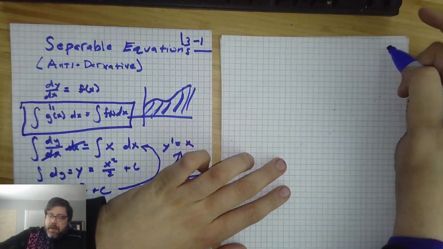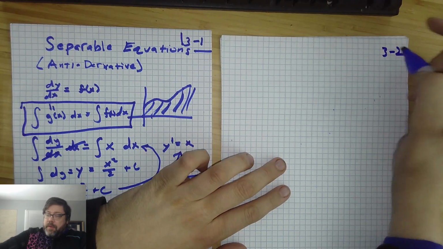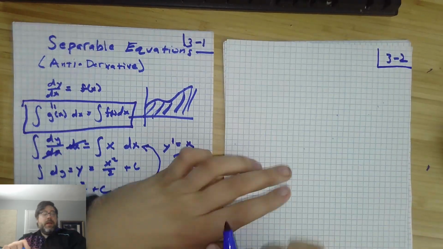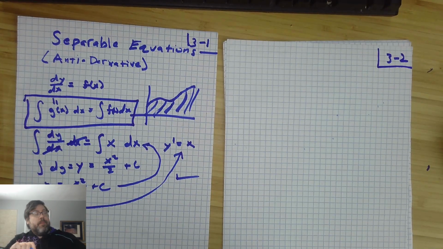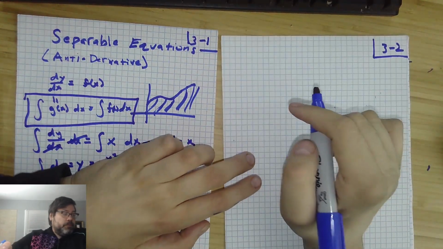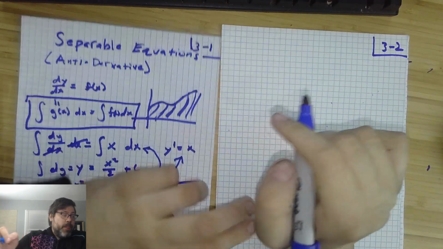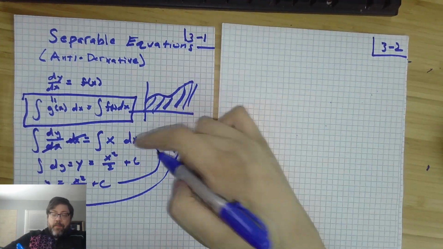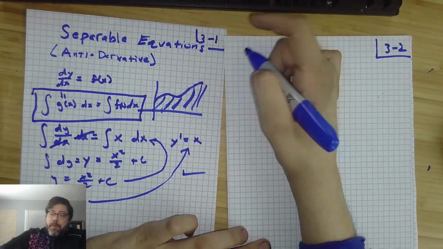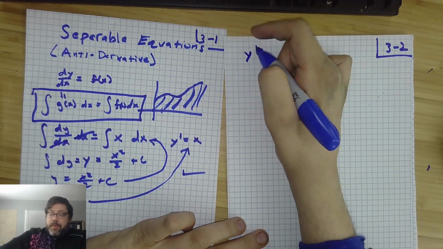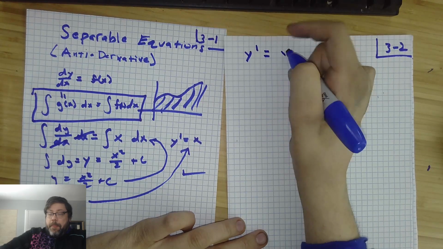All right. So let's do a few examples of this. We've done some of these before and guessed what they are. We'll just do a few more. So we have y prime equals x, but what if y prime equaled y?